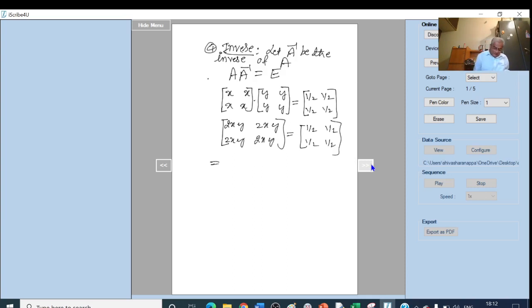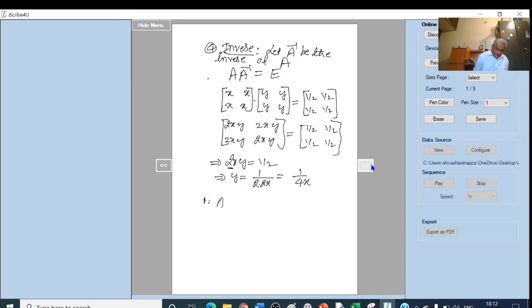What this implies here is 2xy is equal to 1 by 2. This implies y is equal to 1 by 2, taking the 2x to the right hand side, which gives 1 by 4 into x. The y value is 1 by 4x.